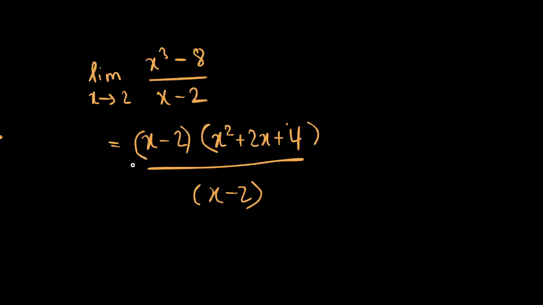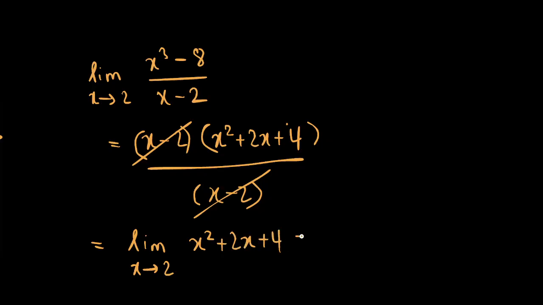And so this would then allow us to cancel out x minus 2, leaving us with a much simpler expression that we can directly substitute our value of 2 into, which is just the limit as x approaches 2 of x squared plus 2x plus 4. If we substitute 2 into this, we get 4 plus 4 plus 4, which is just 12. And that is the answer for this limit.